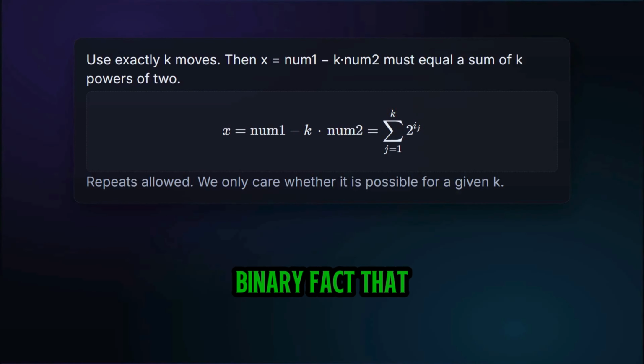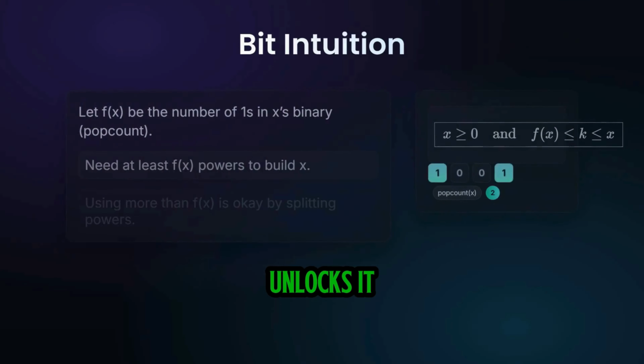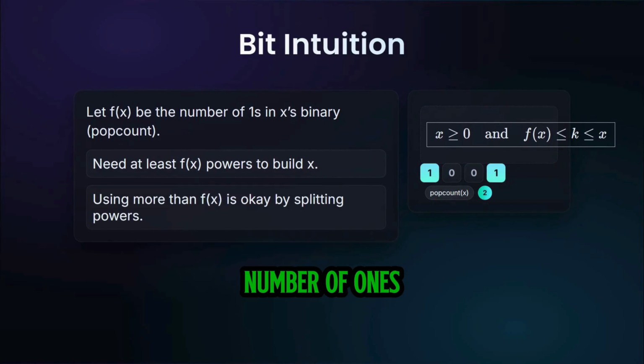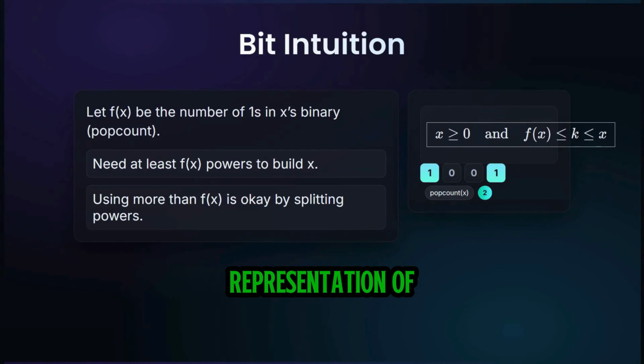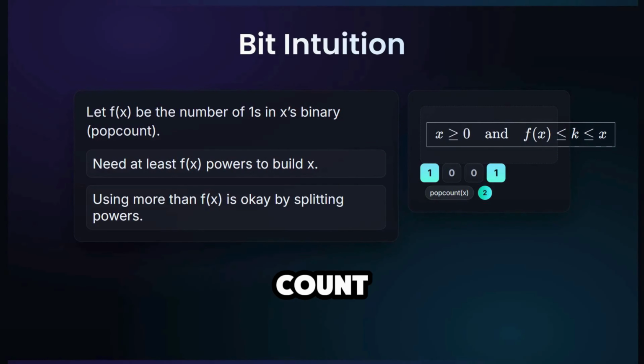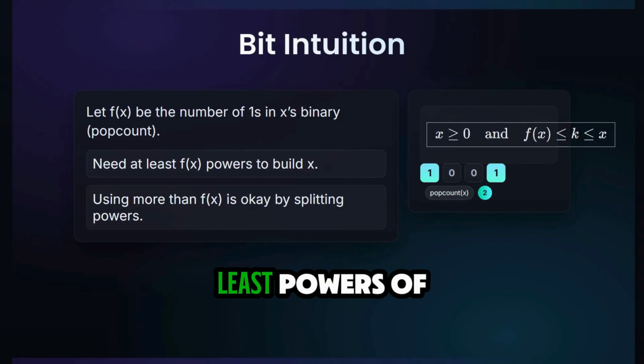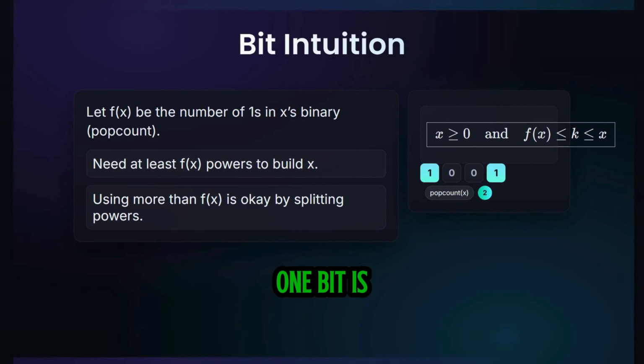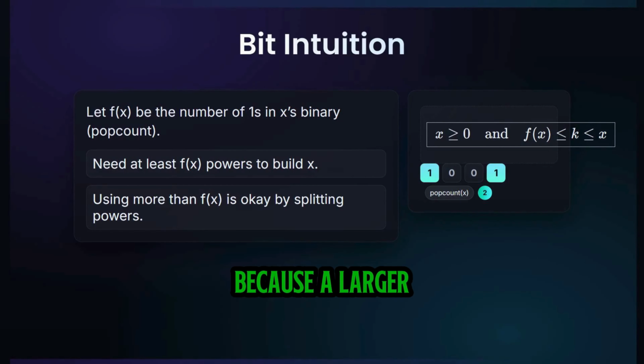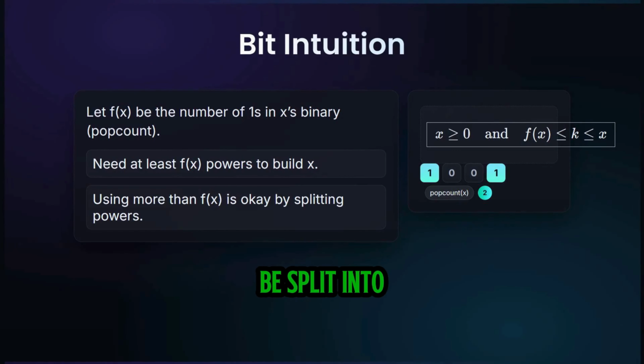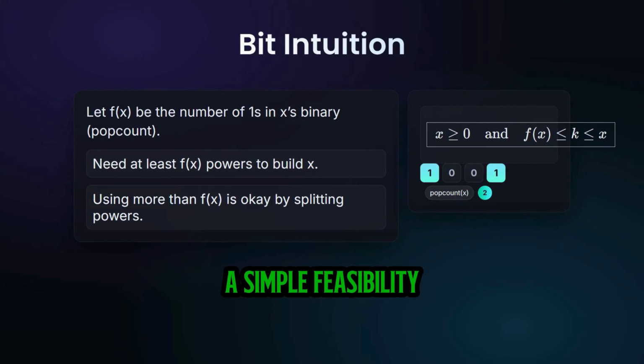Here's the lovely binary fact that unlocks it. Let b be the number of ones in the binary representation of x, that's the pop count. You need at least b powers of 2 to build x. Each 1 bit is a required coin. You're allowed to use more than b because a larger power can always be split into 2 smaller ones. That gives us a simple feasibility rule.